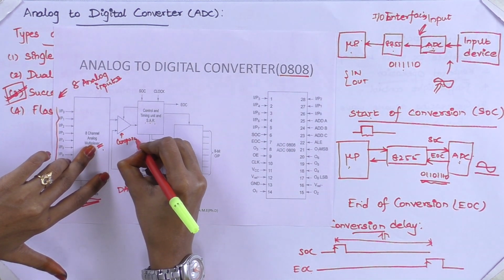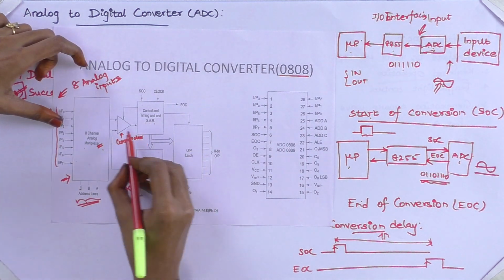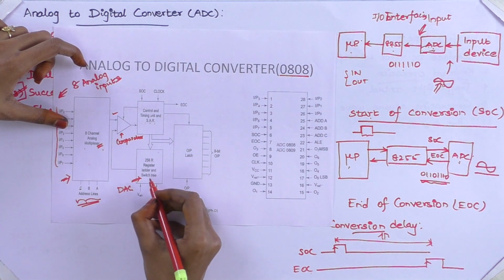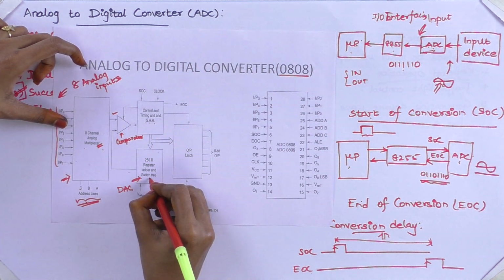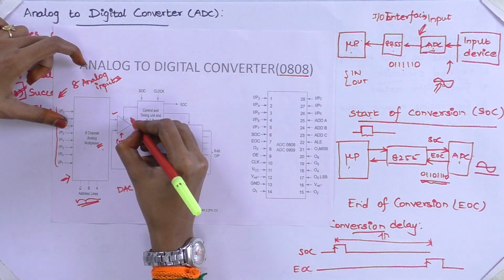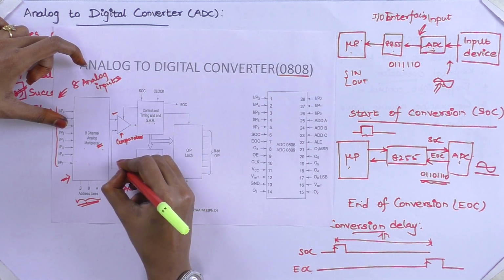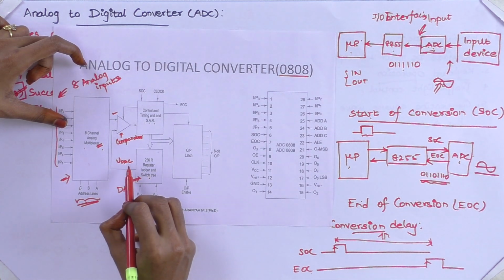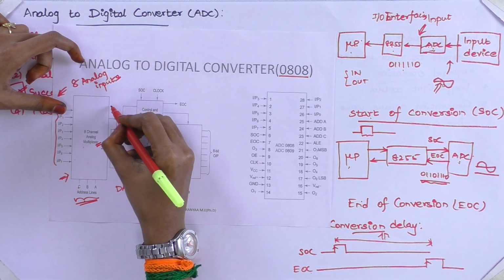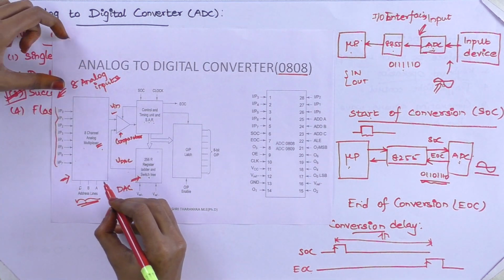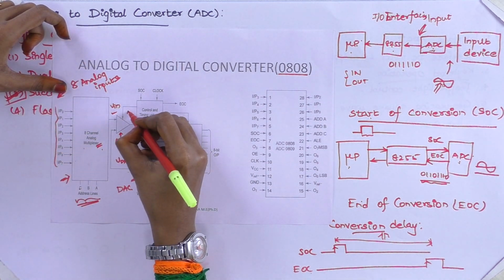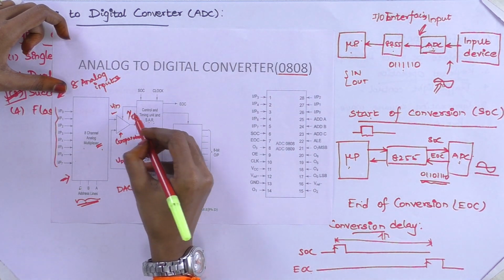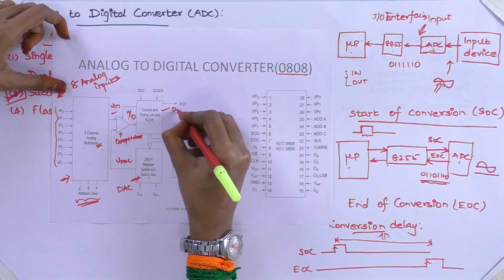The comparator will compare the analog input with the analog data from the DAC. Based on this comparison, if the output voltage of the DAC is greater than the input voltage, you will get 1. If it is less, you will get 0. Based on this 1 and 0, the digital value will be decided.